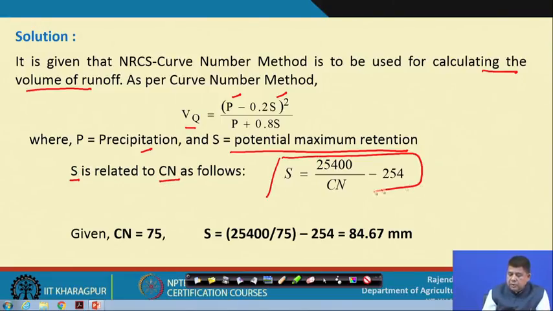S is equal to 25,400 by curve number minus 254. This is when S is in millimeters, and because curve number is given, by putting the curve number here we can get the maximum potential retention.